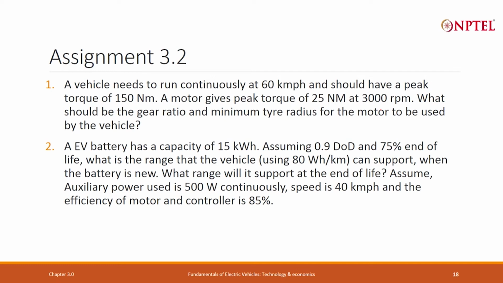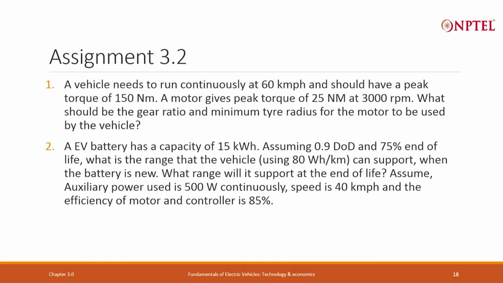What should be the gear ratio and minimum tire radius for the motor to be used in the vehicle? So, I have told you that it has to be continuously used at 60 km per hour. I have given you the tire radius, you have to convert RPM and all those things. Motor will run at 3000 RPM at 25 Newton meter, you require a torque of 160 Newton meter, what should be the gear ratio?